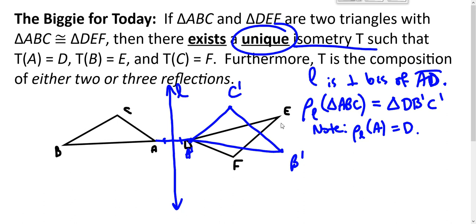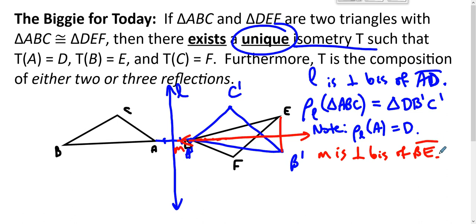Then there's segment B prime E, and we come up with the perpendicular bisector of segment B prime E. If B prime happens to be E, then we just use line DE as this line M.